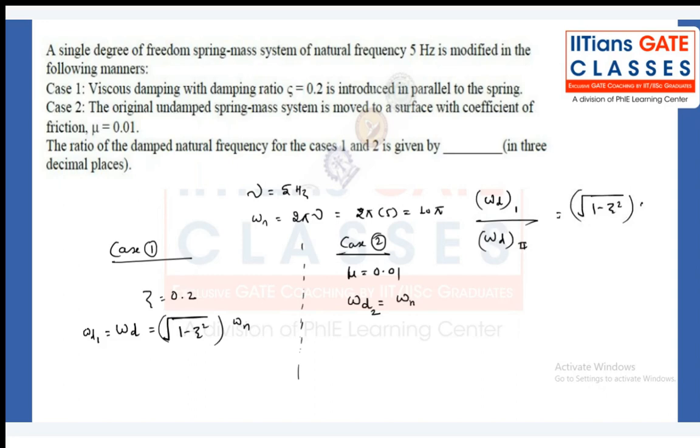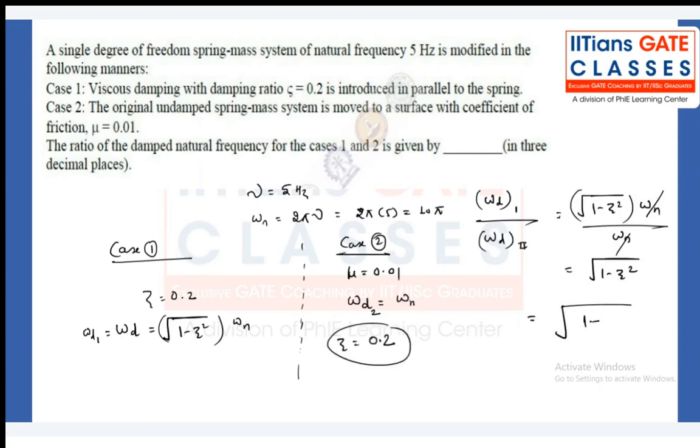Square root of 1 minus zeta square into omega n divided by omega n. You are going to get under root of 1 minus zeta square. What is the zeta? Zeta value is 0.2. So that is the final answer, guys. Please make a note of it. You are going to get 0.979.